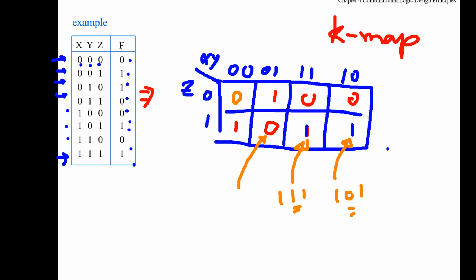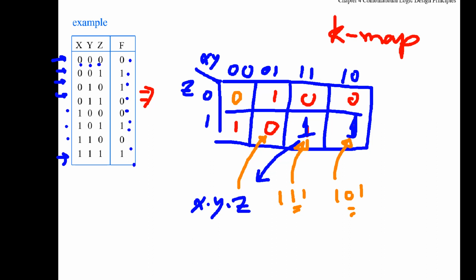For example, if you focus on logic 1 output like this, for this term input x, y, z is 1, 1, 1, right? So the product term is x and y and z.